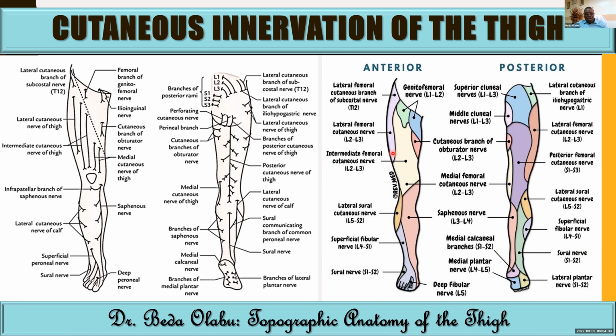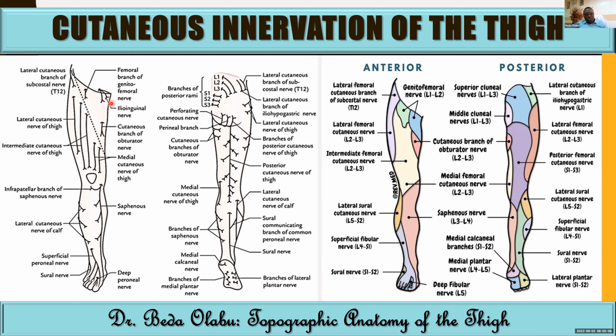Then the skin of the medial thigh is contributed by various nerves. On the upper part, we have the femoral branch of the genitofemoral nerve contributing. We also have the ilioinguinal nerve contributing on the skin on the upper part. We also have the obturator nerve contributing somewhere still on the medial thigh.